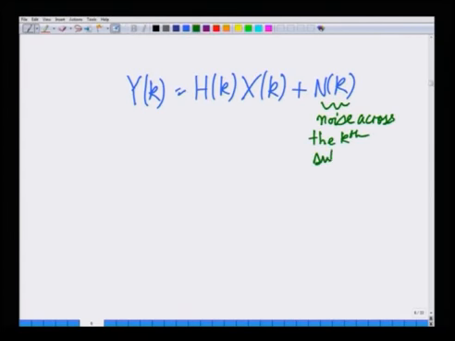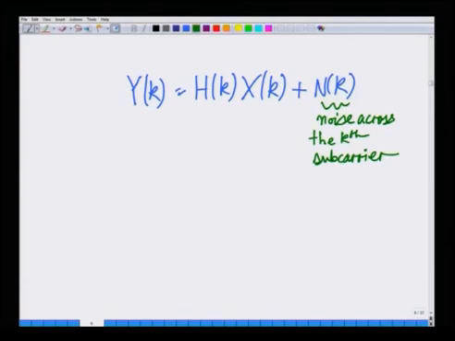Now remember, xk has the effect of hk, similar to a flat fading channel. We have to employ some detection scheme because hk distorts the phase of xk. So one simple scheme is to simply divide yk by hk, similar to the zero forcing receiver that we have already seen.